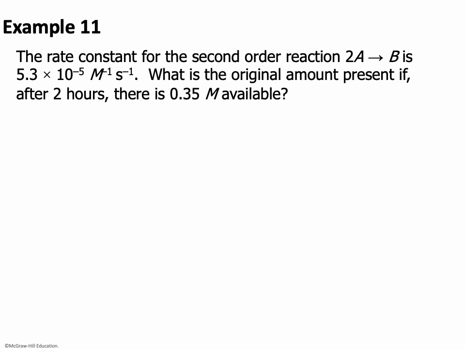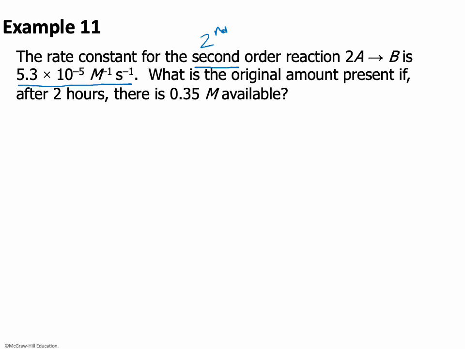For instance, let's try this question. The rate constant for a second order kinetic reaction is this. What is the original amount present if after 2 hours there's 0.35 molar available? So let's narrow down the information that the question provides us. First thing, it's a second order reaction.